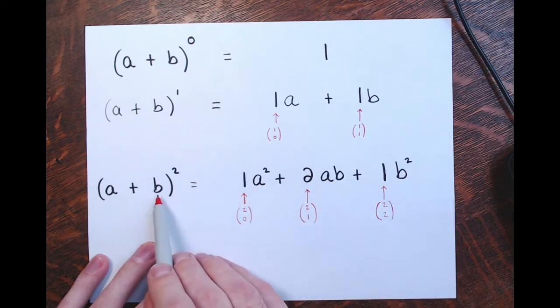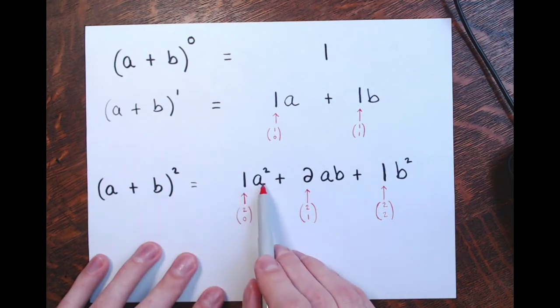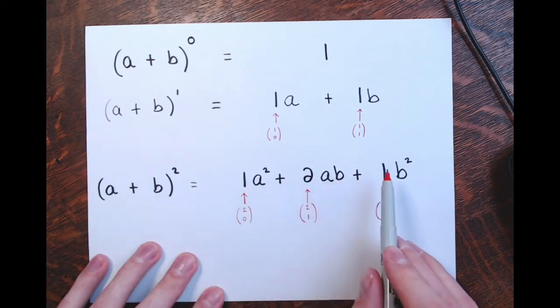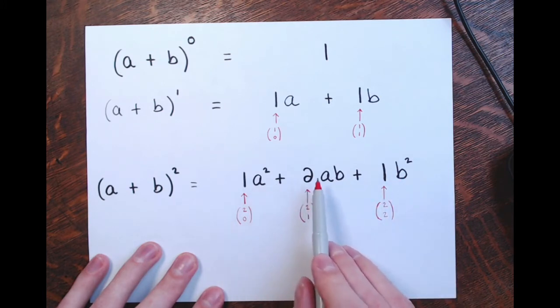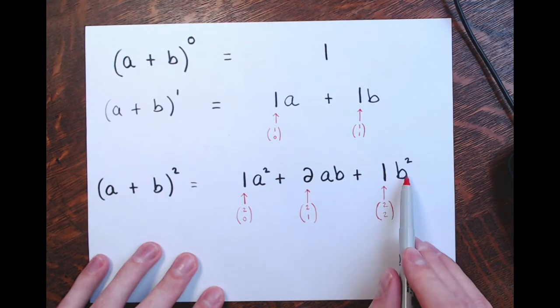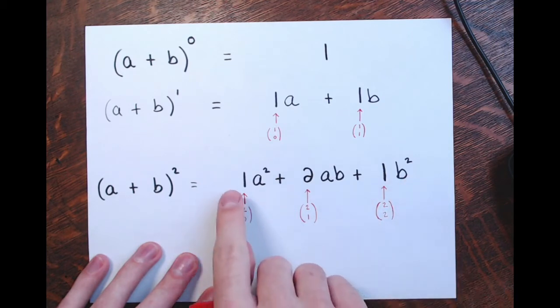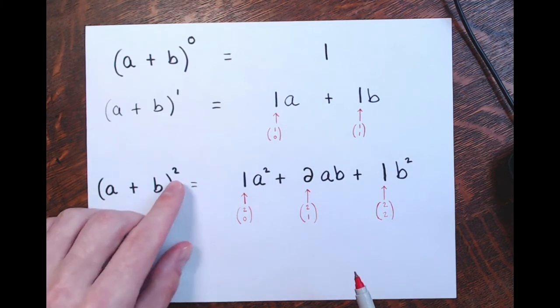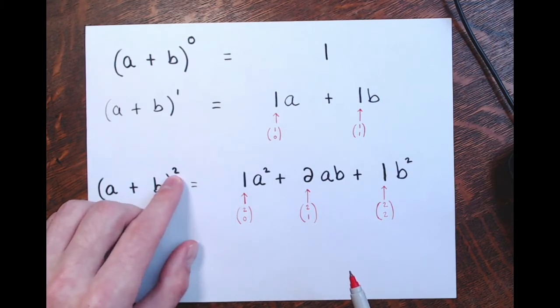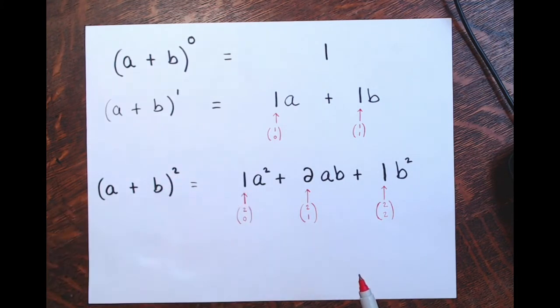And then start off with none of the second term, none of the B's, and then increase that power by 1. So you see B to the 0, B to the first, B to the second. And then all the coefficients are, again, just how many strings of this length, whatever the power is, can you form with that combination of letters.